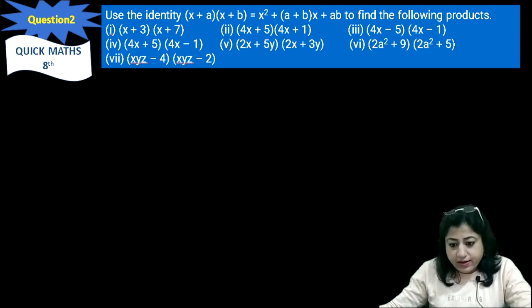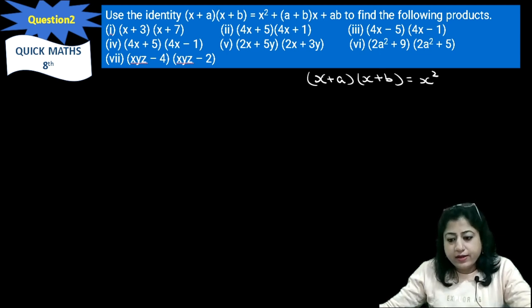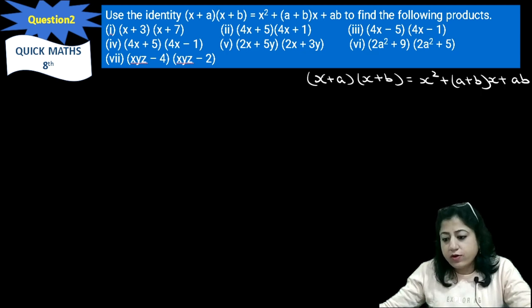What is the identity here? (x plus a)(x plus b). It is in the form of a product and it can be written as x square plus (a plus b), the sum of a and b, plus the product of a and b.